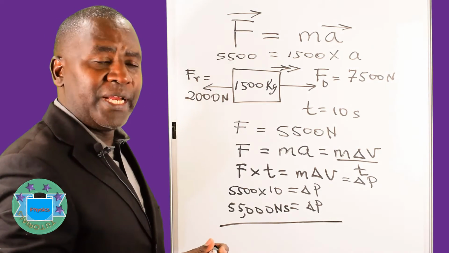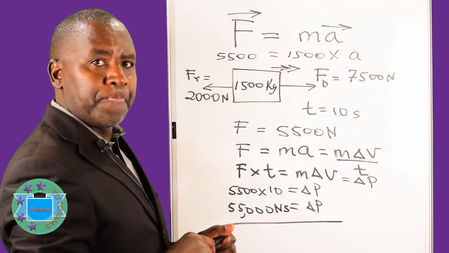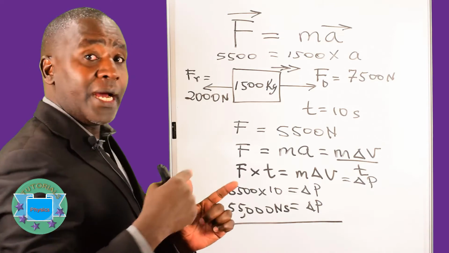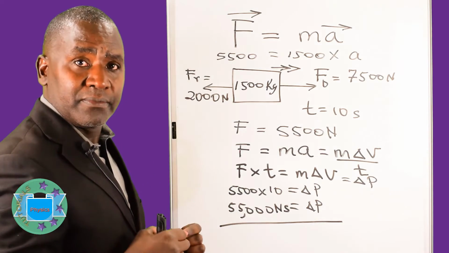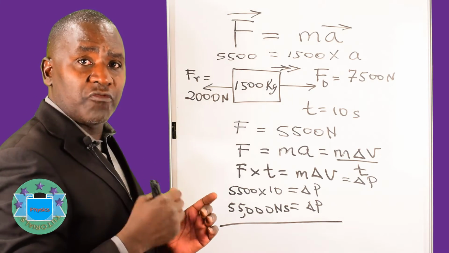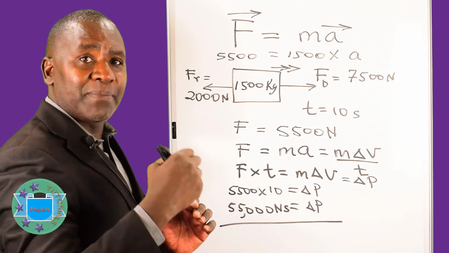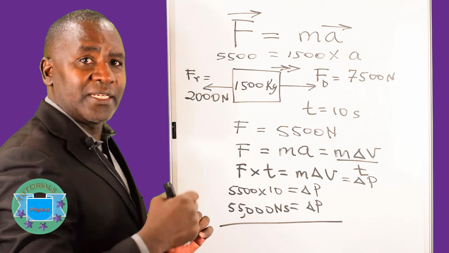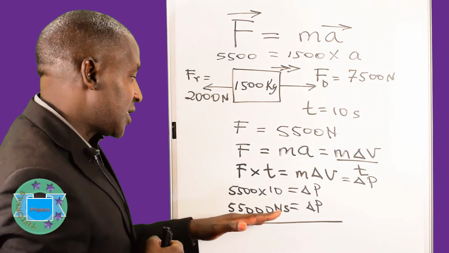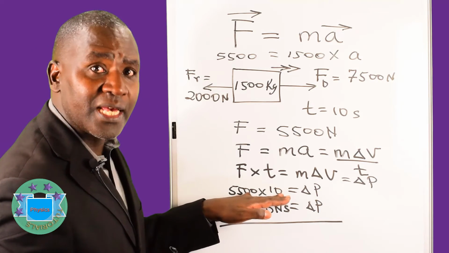Now, let me explain something here. When I defined momentum, I said that the units of momentum are kilograms meter per second or Newton seconds. Now is the time to see how the Newton seconds come about.